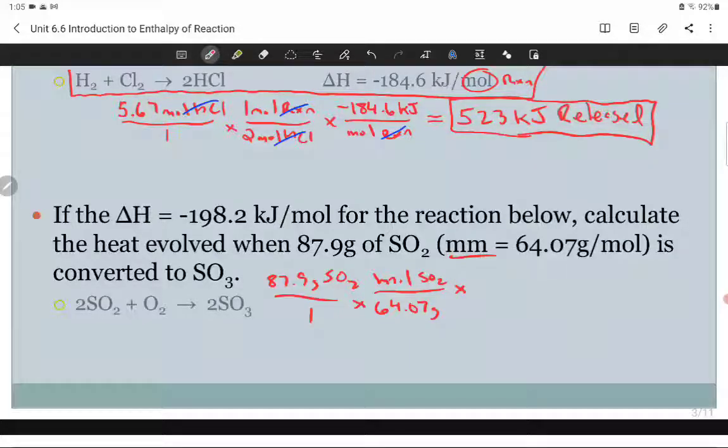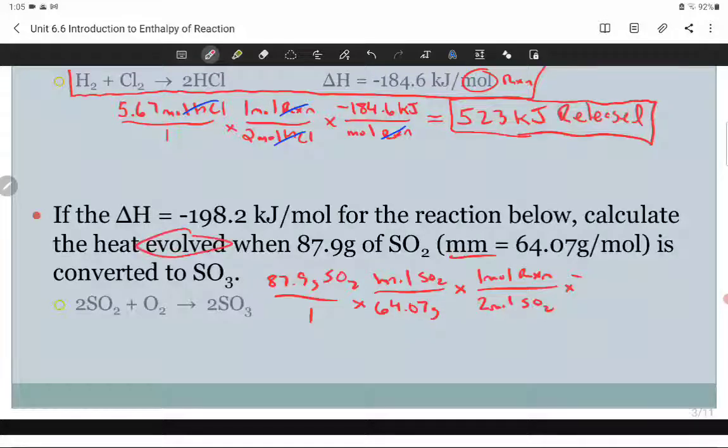And then in the chemical reaction, there are 2 moles of SO2 in 1 mole of reaction. And then again, we're given the delta H.